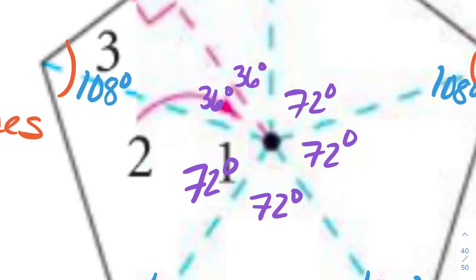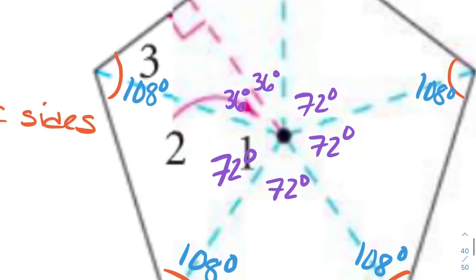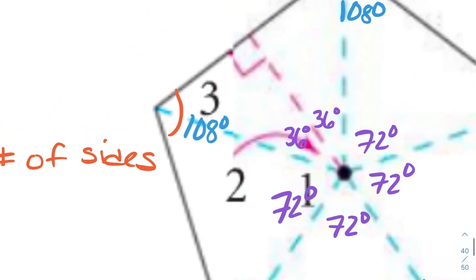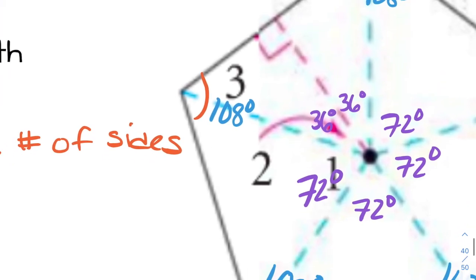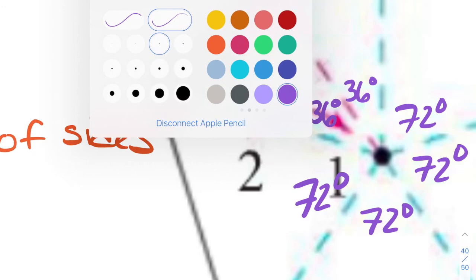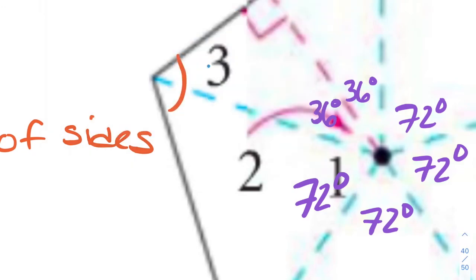So it looks like angle 2 is 36 degrees. So angle 1 is 72, angle 2 is 36. And oh, look at angle 3. We're going to split 108 in half. So we're going to call it 108 divided by 2. So it's 54 degrees and 54 degrees.